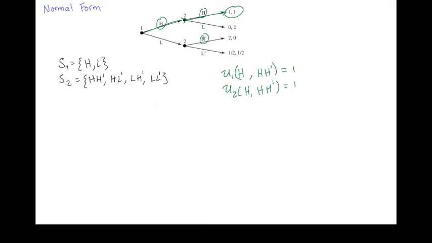We take another example. Write down the profile, let's say L and H L prime. That's another strategy profile. So that has us following this branch, and player 2 plays this strategy. So we go here, and the payoffs are a half.